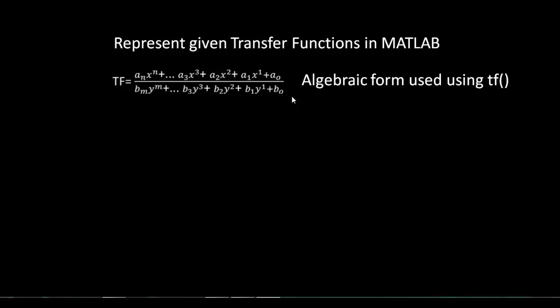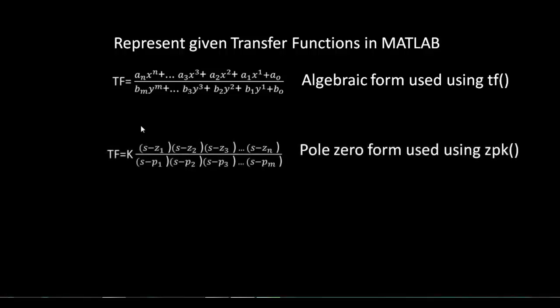Now we will see the other form. In the other form, we have a gain, which is a factor which is given by k, and we can write numerator as multiplication of roots of the numerator. Similarly, we can write denominator as multiplication of roots of denominator.